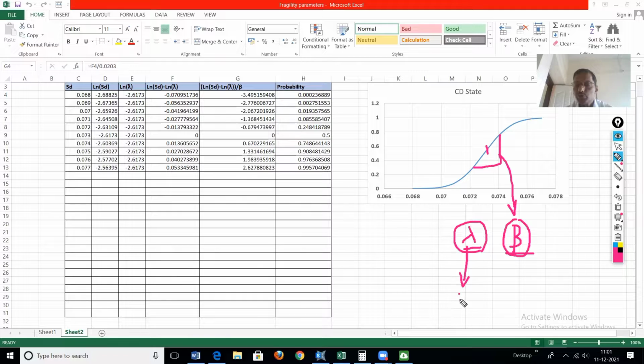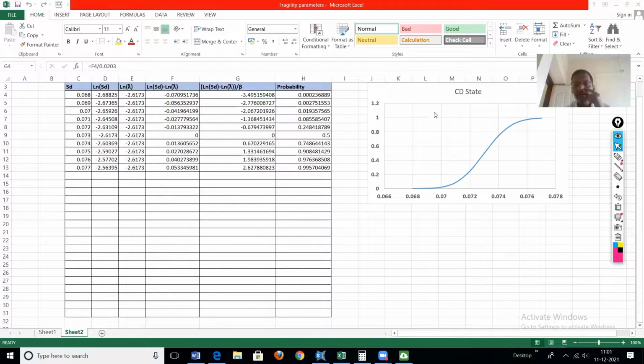Remember, this is from the pushover curve. And the beta value, which is the slope of the fragility curve, the standard deviation or variability, we will take directly from the Hazus manual. In the Hazus manual, tables are given with the beta value for different damage states. So we will take the value of beta for each damage state directly from the Hazus manual.